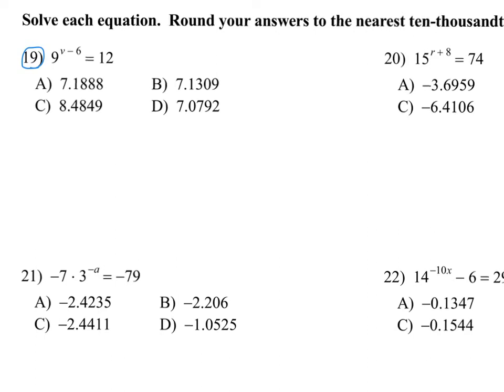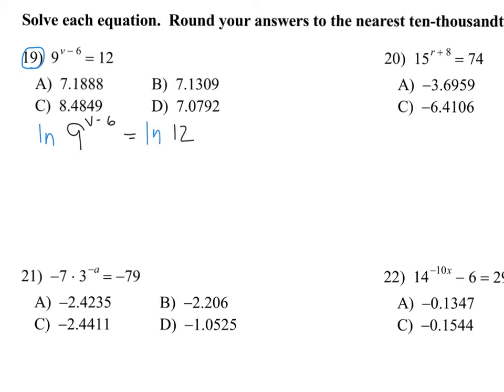And so what we had done in class was take the natural log of both sides. So let's go ahead and do that. I'm going to do the natural log on 9 to the v minus 6, and that's going to be equal to the natural log of 12.